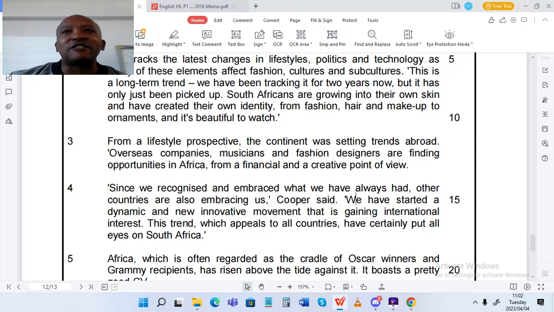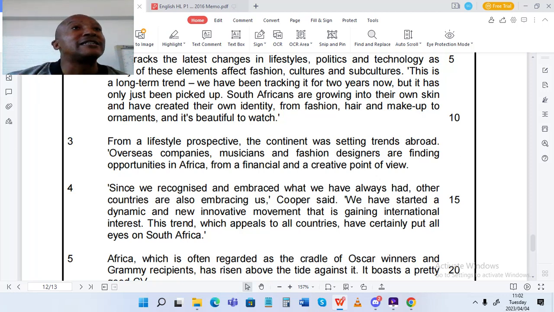This trend. They've just put in information between the commas, which appeals to all countries. Actually, that sentence reads, this trend, this one trend, have certainly put all eyes on South Africa. But they just put in a few words to confuse you.